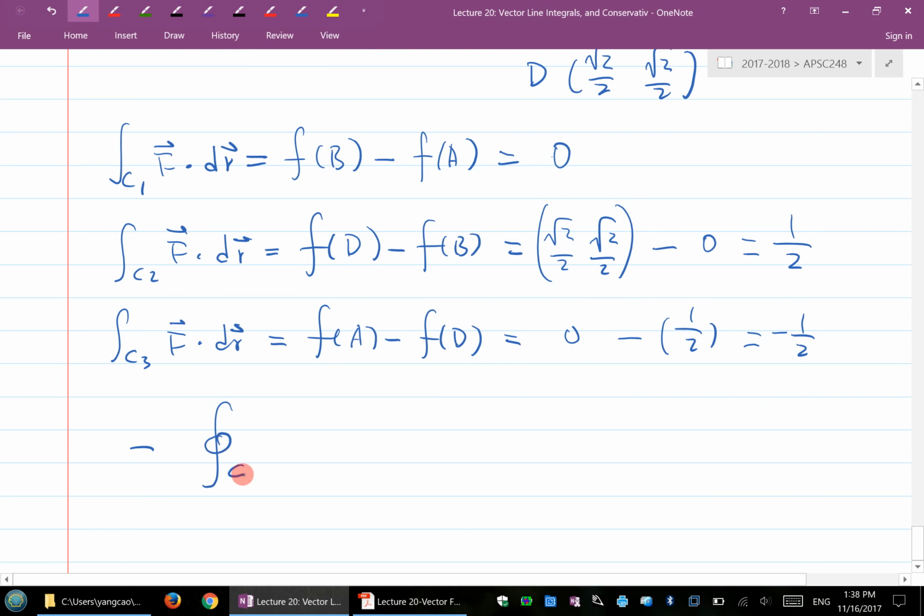When you have a closed curve, the integral of F dot dr equals 0 for a conservative field. If you see an integral with a circle here, it basically means that C is a closed curve.